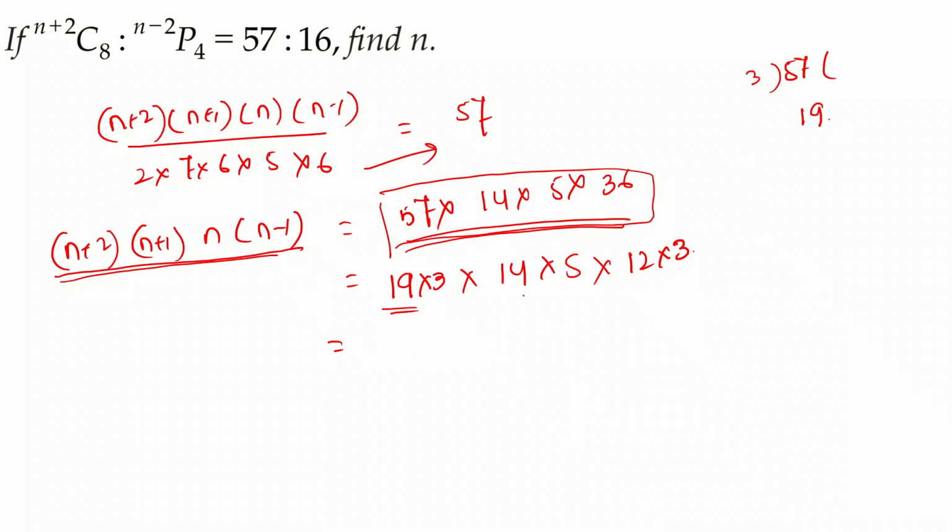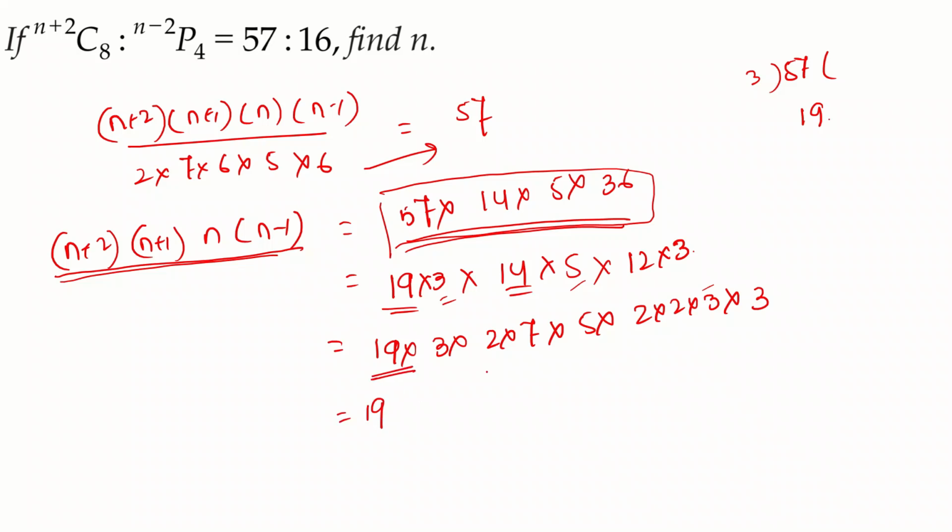So 14 can be written down as 7 times 2. I'll break everything further. So 19 times 3 times 14 is 2 into 7. Then 5 is a prime number. 12 is 2 into 2 into 3. Then into 3. I'll try to convert things into numbers that are near to 19. So I have 19, I keep it as it is. Now 7 and 3 give me 21.